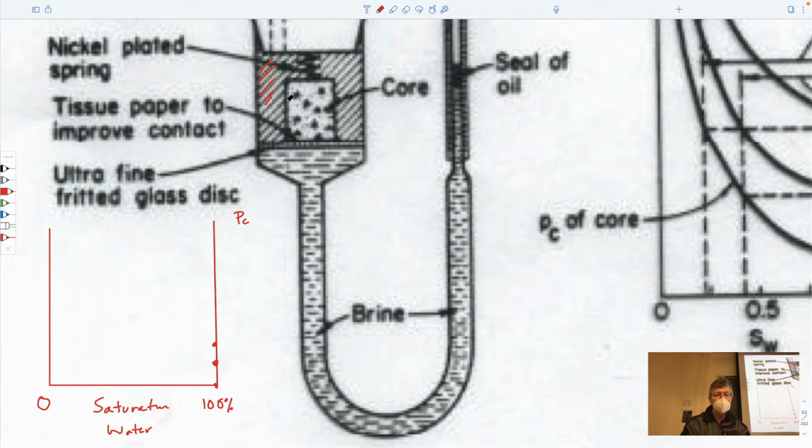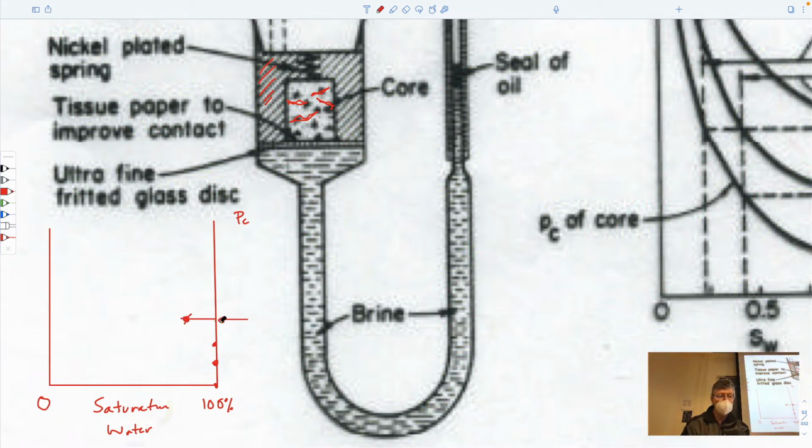Then at some pressure that you go up to, all of a sudden you get portions of this sample being invaded. If it's got red fluid in it, it can no longer be 100% water saturated. So whatever your new pressure is, then you have to be at least a little bit NAPL saturated, which is this point here.